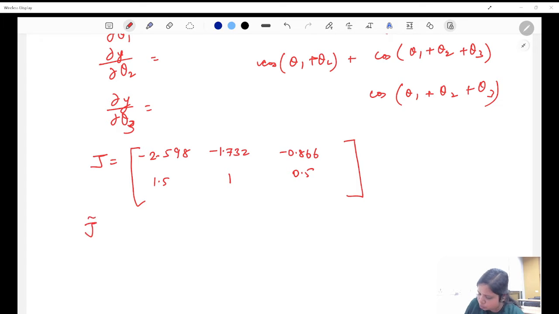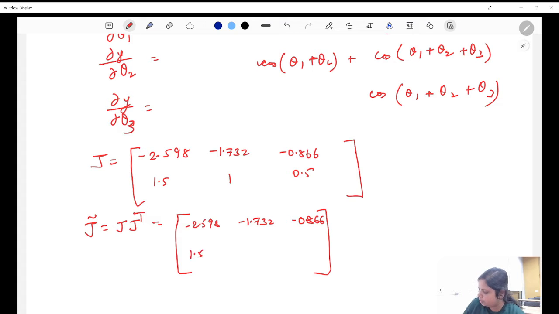So we are supposed to find J tilde, which is J into J transpose. It would be the multiplication of the matrix with entries minus 2.598, minus 1.732, minus 0.866, 1.51, 0.5, into the transpose of this matrix.